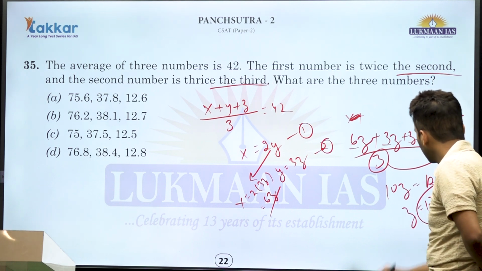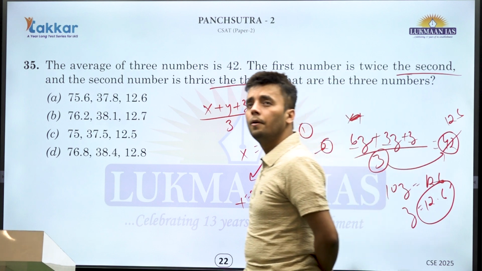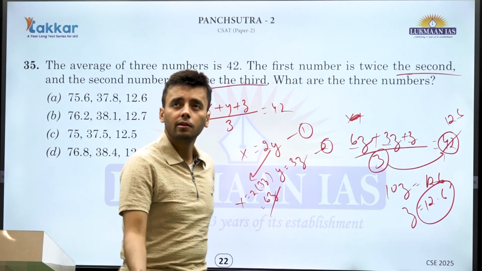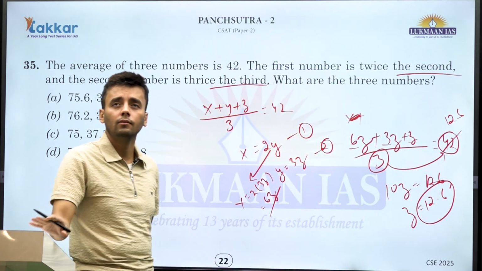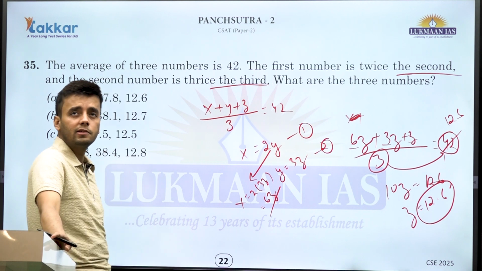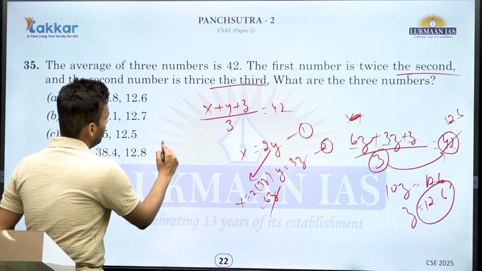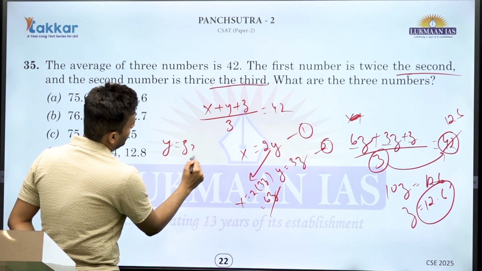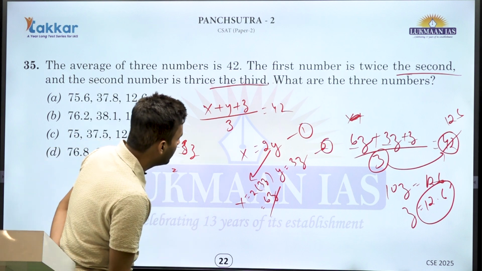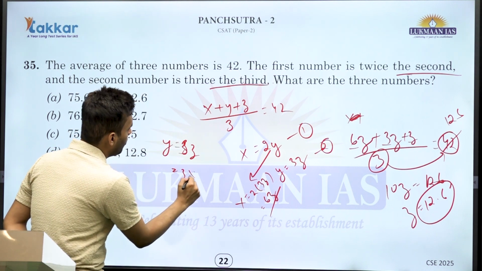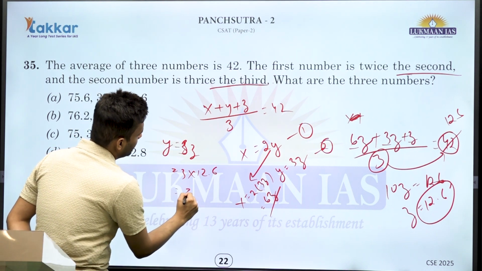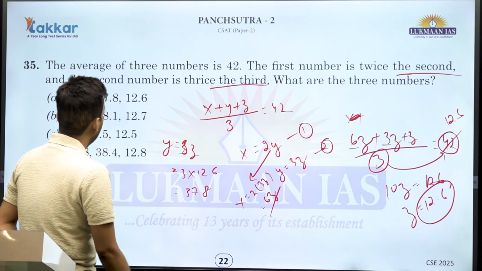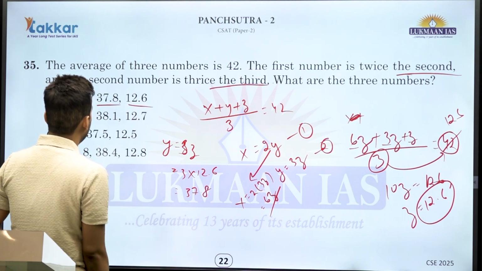Since we got z is 12.6, we can get the values of y and x as well because they are expressed in z itself. So y will be 3 times z. 3 into 12.6, how much will it be? 37.8. This should be the answer.